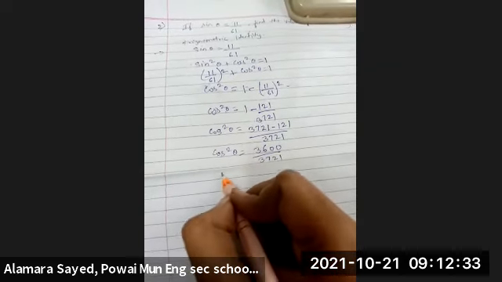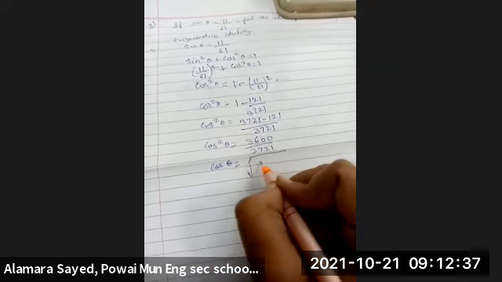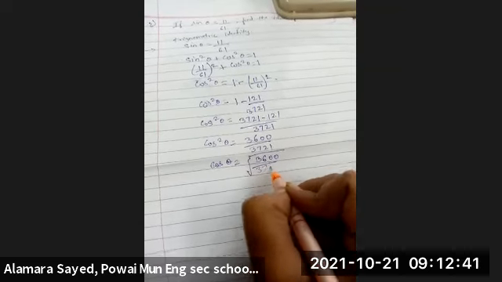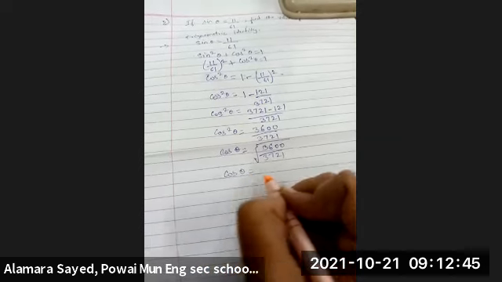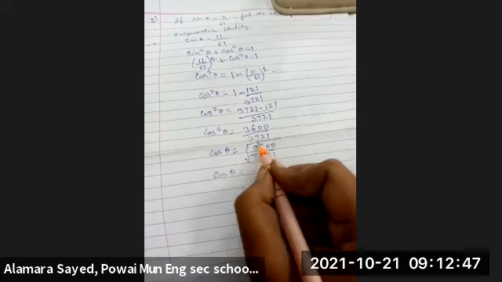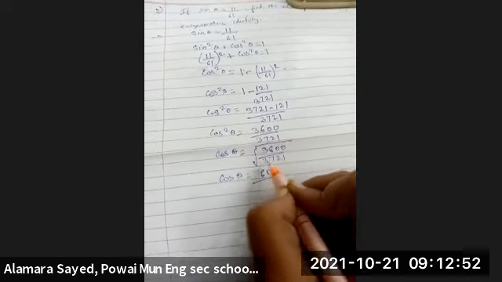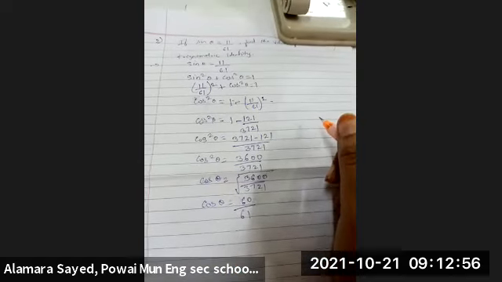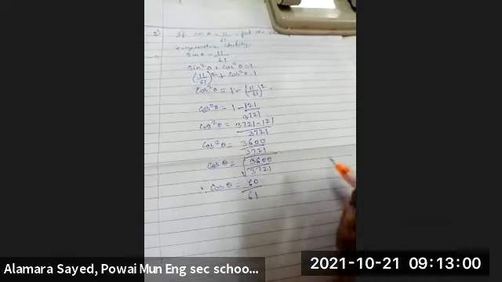Now what we have to find is cos theta, which is equal to under root 3600 upon 3721. 3600 is the root of 60 and 3721 is the root of 61. So in this way we are getting the answer: cos theta is 60 upon 61.